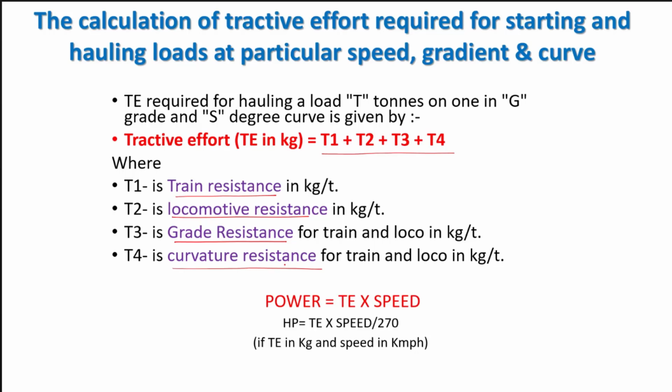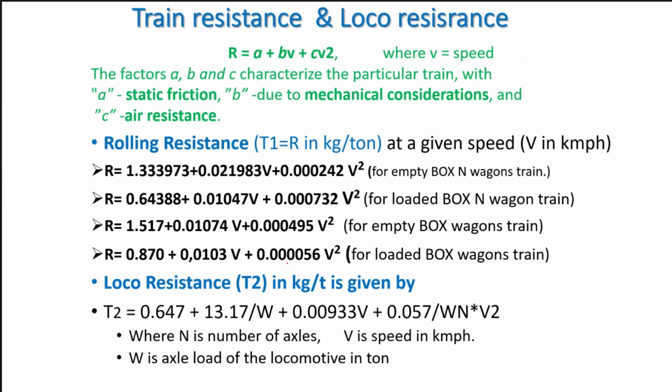Power is equal to tractive force into speed, or horsepower can be calculated as T into speed divided by 270. The train resistance and loco resistance can be calculated with a formula for total resistance, where alpha, beta, A, B, C are the ratios.